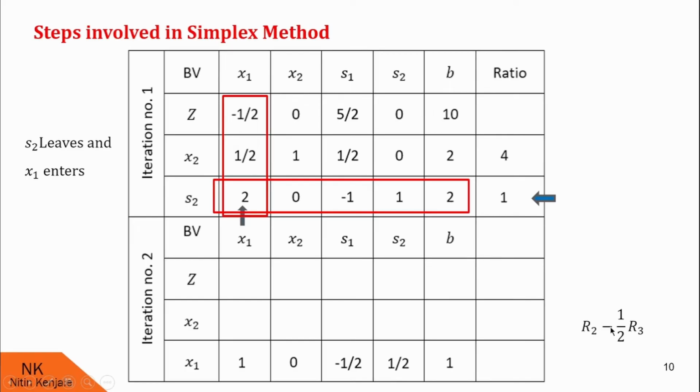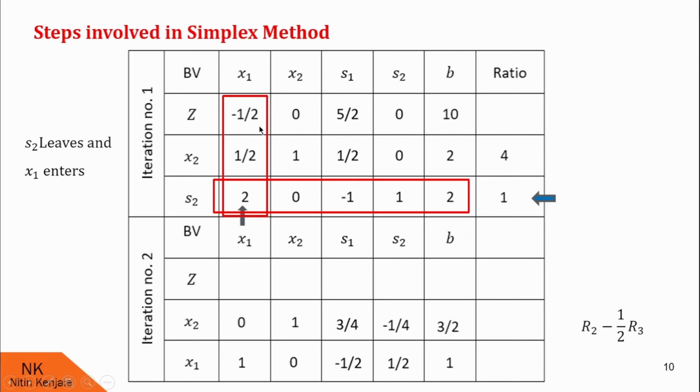So half minus half into 1 is 0. 1 minus half into 0 is 1. Half minus half into minus half is 3 by 4. 0 minus half into 1 by 2 is minus 1 by 4. 2 minus 1 by 2 into 1 is 3 by 2.